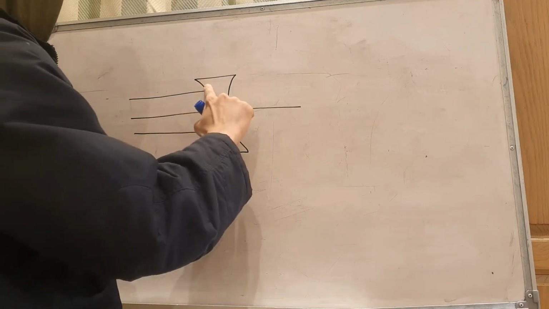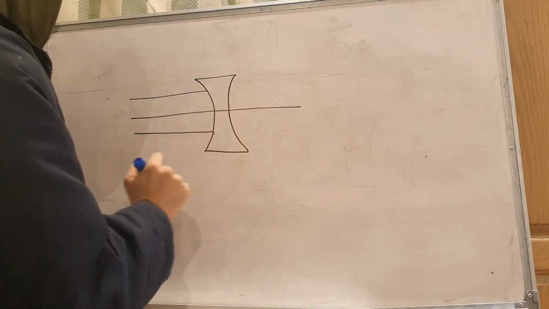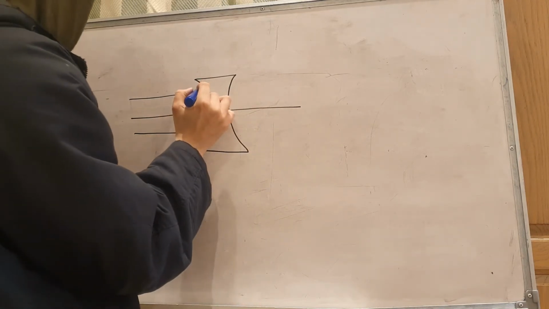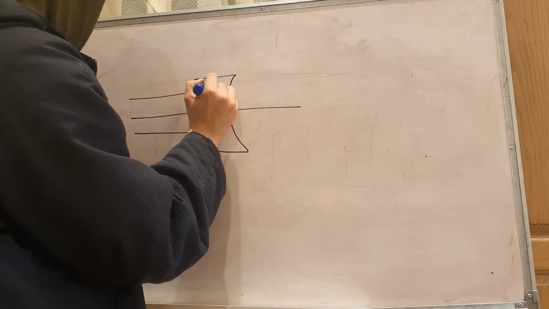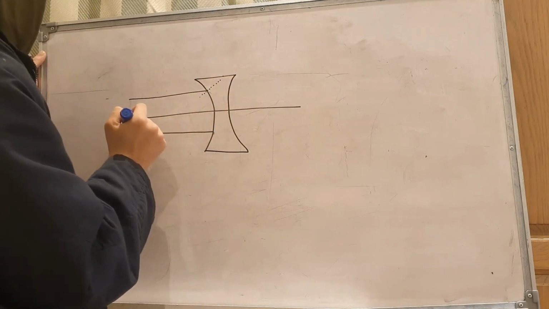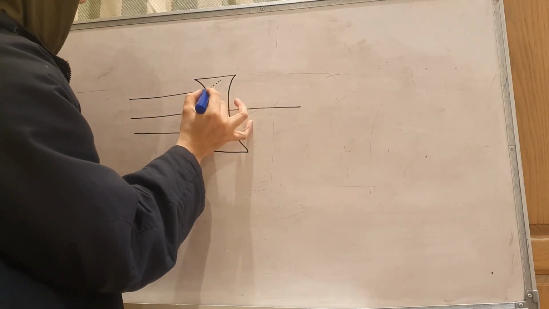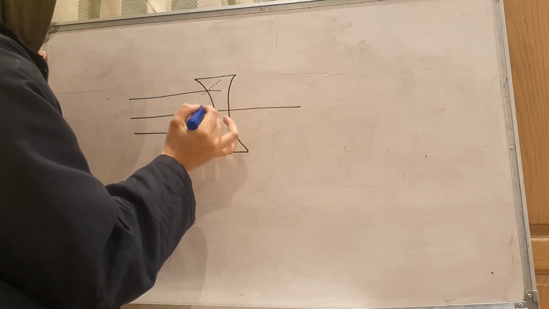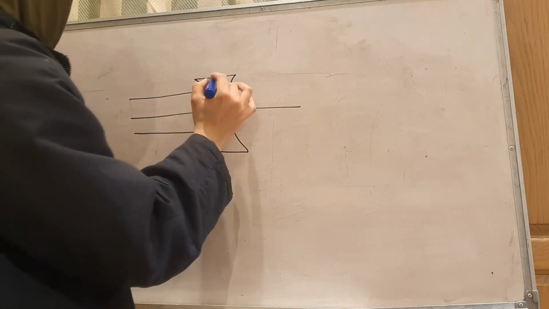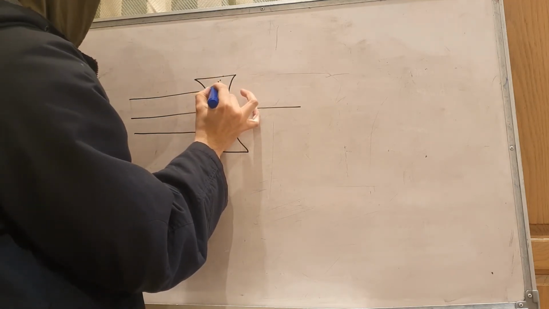Now let's draw the normal to this surface. The normal to this surface is 90 degrees. It's going into a denser material, so it would have gone straight through. However, it's going towards the normal, so it would go like so.